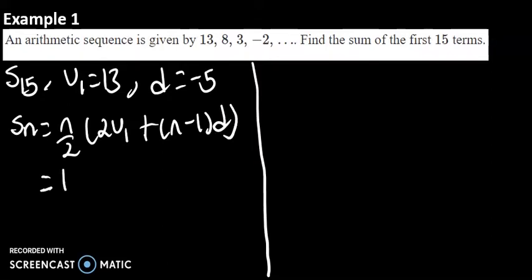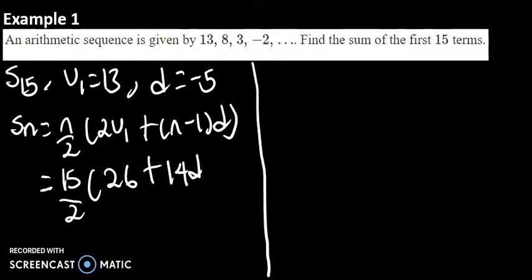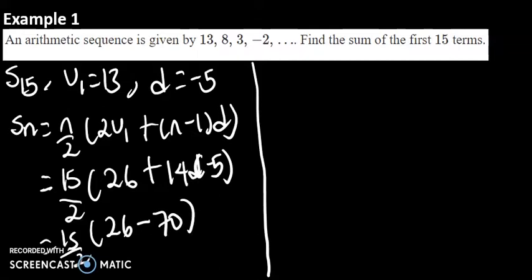So this gives us 15 divided by 2 times (26 plus 14d). We know d is minus 5, so 15 divided by 2 times (26, and 14 times minus 5 is minus 70).